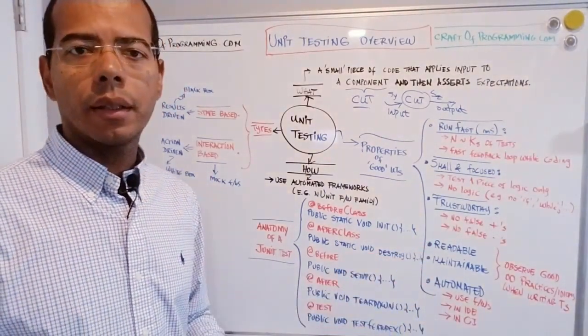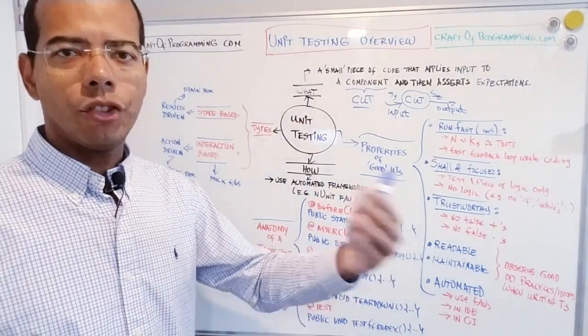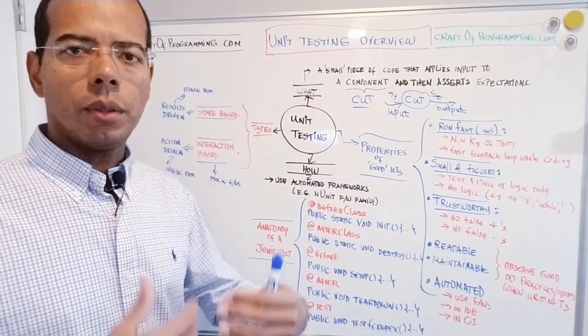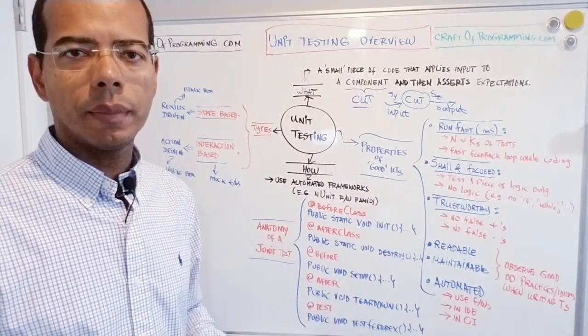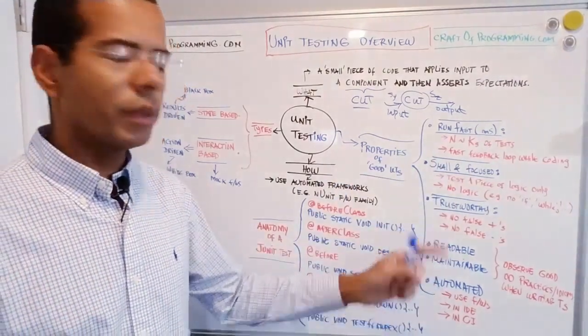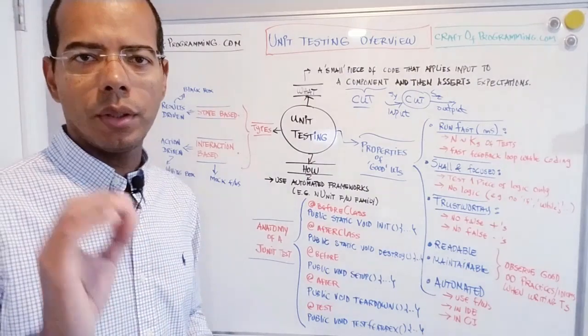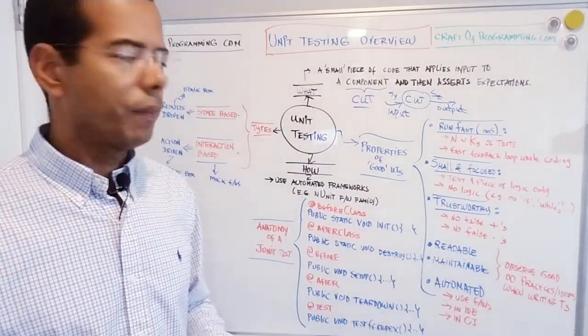And just like production code, unit tests evolve and change over time. The production code that the unit tests are testing evolves and changes, and so do the unit tests. So it's important that unit tests are readable and maintainable.